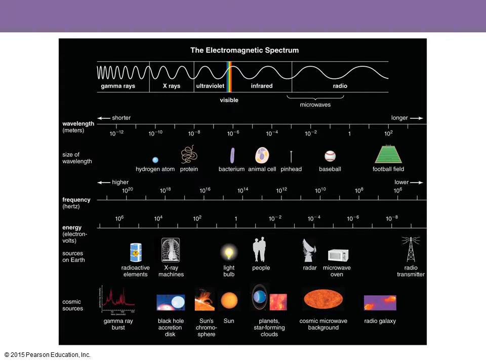That's pretty self-explanatory. What's really interesting is at the bottom, which shows the different ways in which we can use detectors of these forms of light to look at different objects in the universe, such as gamma ray burst objects, black holes, the sun's chromosphere, the sun itself, planets, something called microwave background radiation, and finally, and very recently, radio galaxies.